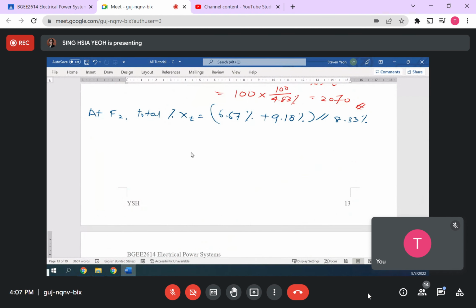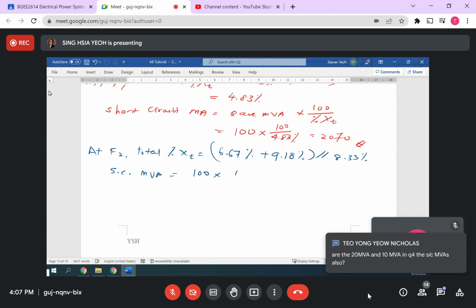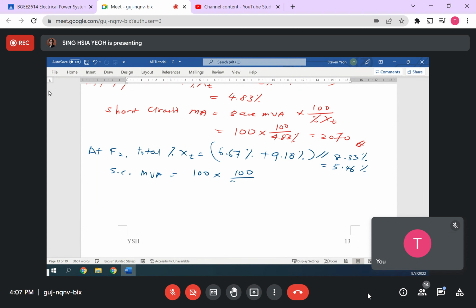Are you okay? Then the same formula: short circuit MVA equals 100 times 100 divided by this one. You get 5.46%. Then you get 1831 MVA. Are you okay?